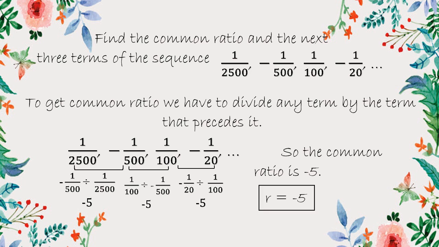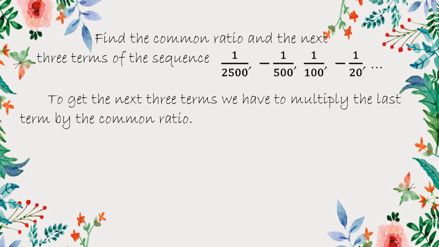To get the next three terms, we have to multiply the last term by the common ratio, which is negative 5. So the last term is negative 1 over 20 multiplied by negative 5, that would be 1/4. So 1/4 multiplied by negative 5 is equal to negative 5 over 4.